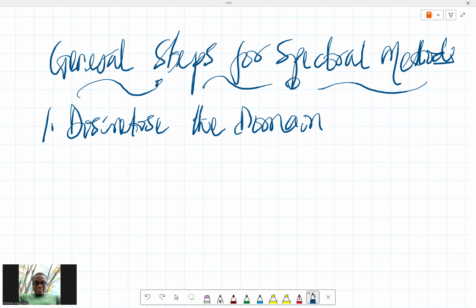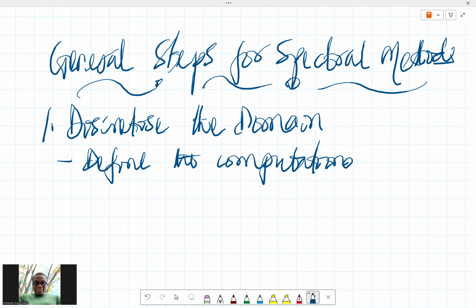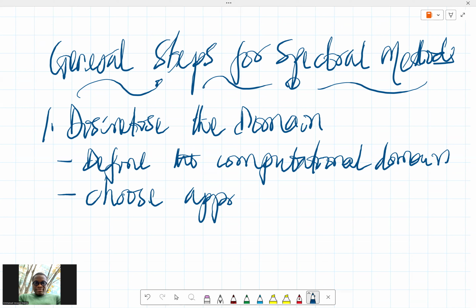First, define the computational domain. Having done that, choose an appropriate set of basis functions.